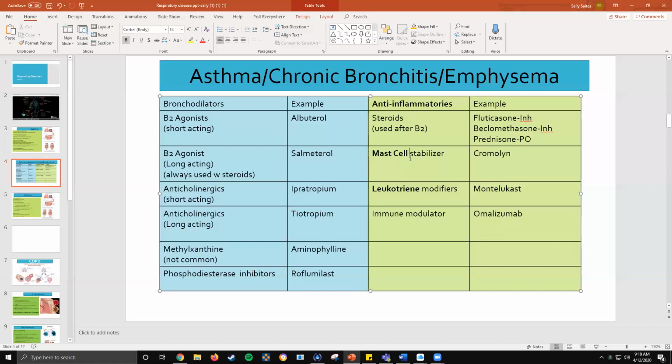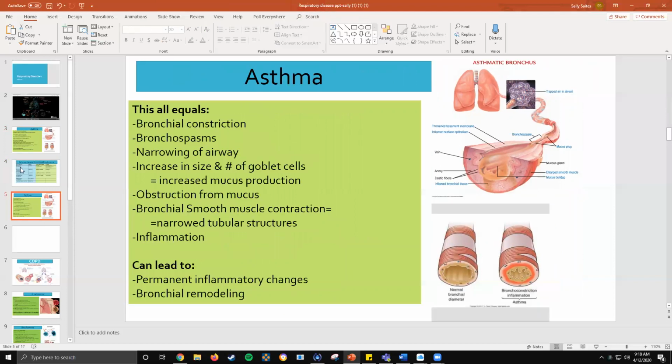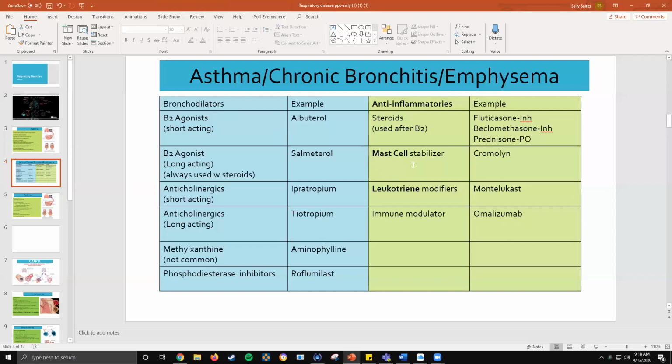We have mast cell stabilizers and leukotriene modifiers. So if you remember in our previous slide, we have mast cells and we have leukotrienes. So if we have a mast cell stabilizer, that is cromolyn, so that will stop the mast cells from causing inflammation or inhibit it. And so we can use that as a treatment. Same with the leukotriene modifiers.